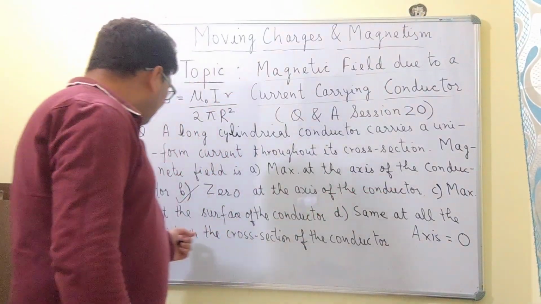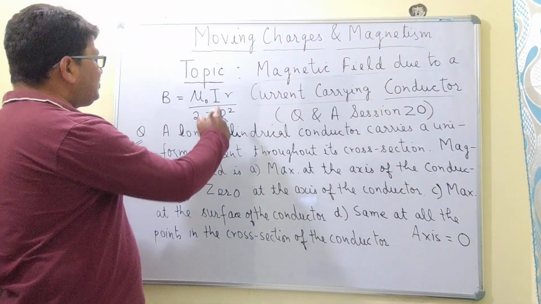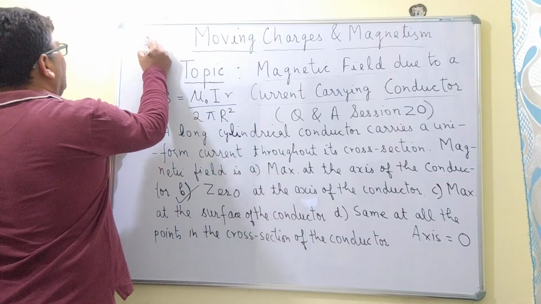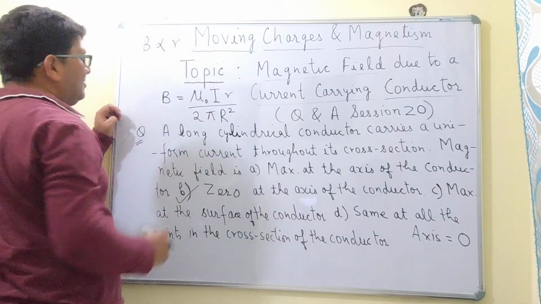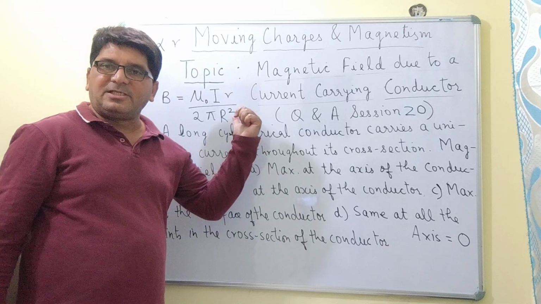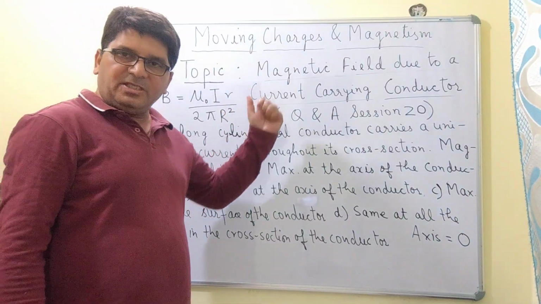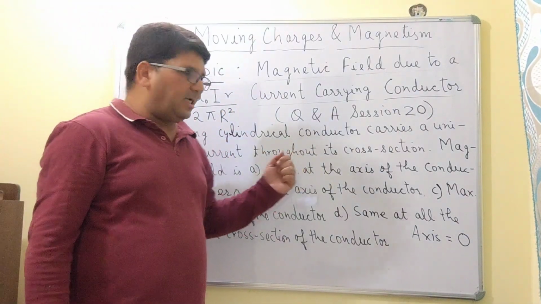Third, it is maximum at the surface of the conductor. From this formula, B is directly proportional to small r, where small r is the radial distance of any point from the axis of the cylindrical conductor.